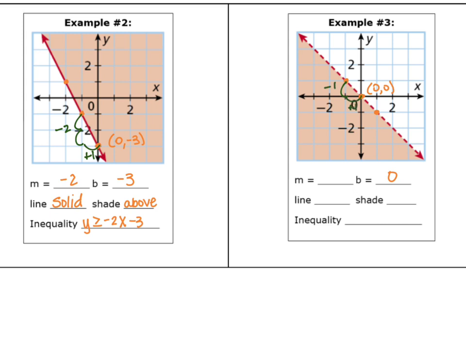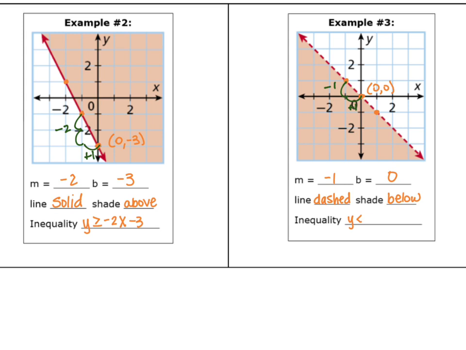So that slope is -1/1, or we can just say it's -1. That line is dashed. And that shading is below. So when I write my inequality, that's going to be y is less than, because it's dashed and because it's below. My slope is -1.